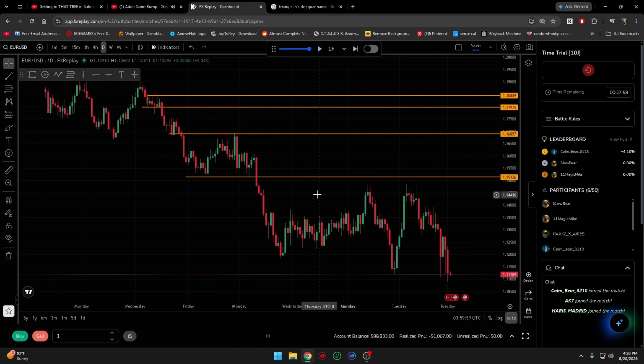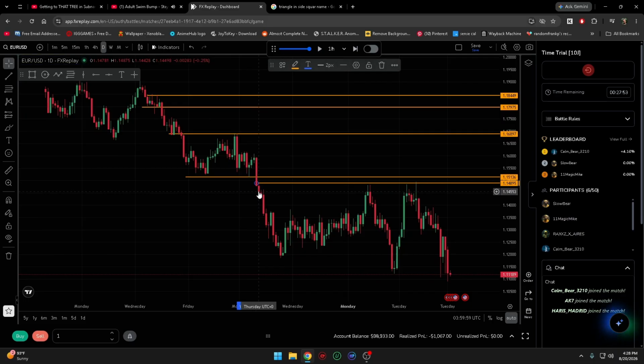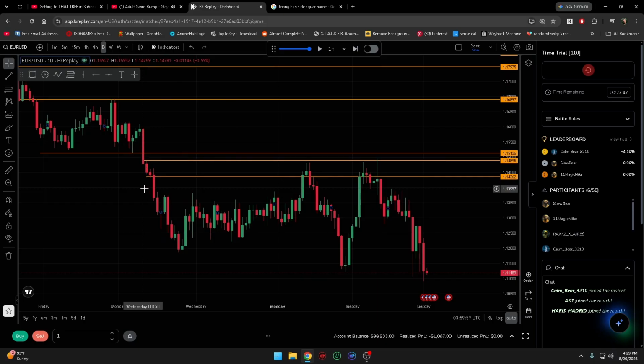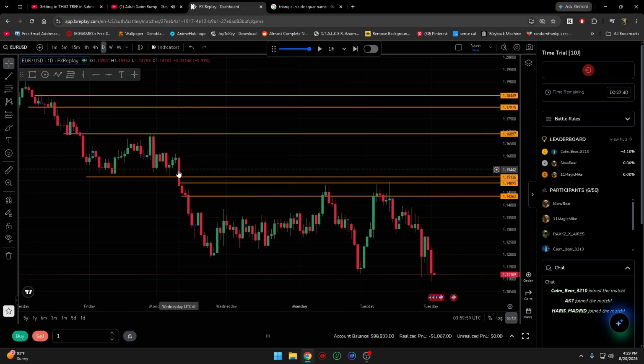Where did this happen at? Mainly happened here. And again, it's this candle. Even though it did wick above it a little, that's fine. Perfect, because you still got this big red right here. This will technically be the order block.